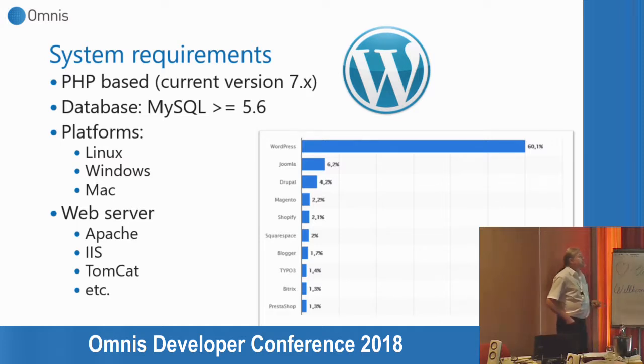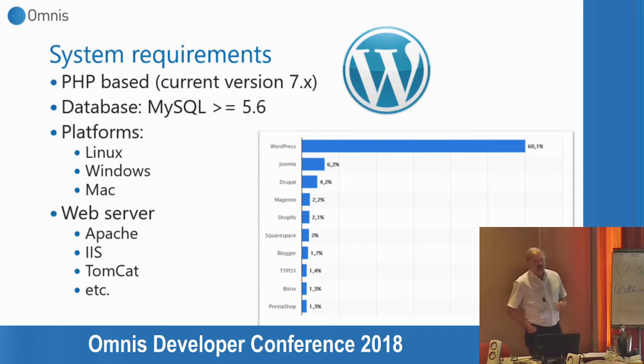So the system requirements, the technical base of WordPress is PHP. So the current version used is 7 point something, I think the current version is 7.2, but it runs also with PHP 7.0. The database used beyond is MySQL, version 5.6 or higher.